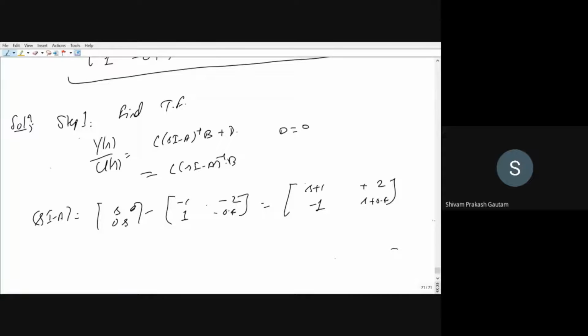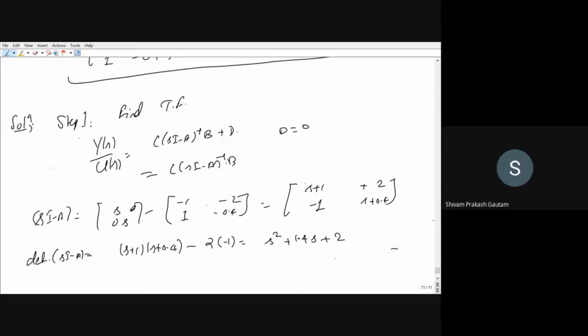So this will be your sI minus A matrix, and we can calculate its determinant also. The determinant will be (s plus 1) into (s plus 0.4) minus 2 into minus 1. So this will be equal to s square plus 1.4 s plus 2.